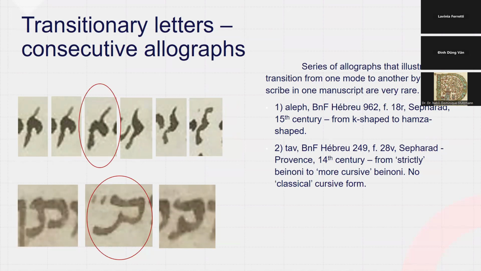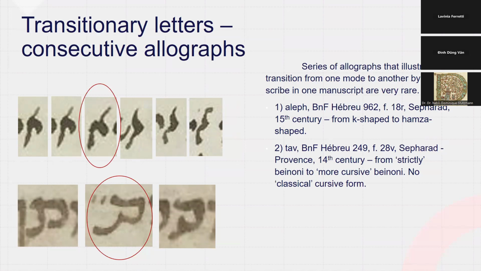So the first example is from Bibliothèque Nationale de France. It's a 15th century Sephardi or Spanish manuscript, where we can see these are all allographs of one letter. And this one is more or less classical semi-cursive or Benoni, kappa shaped. It's because of this shape.